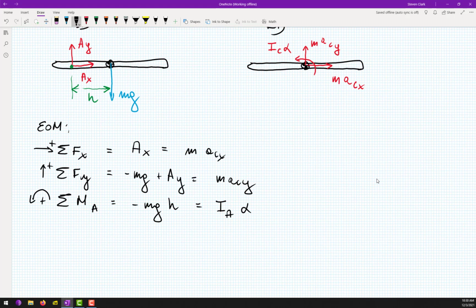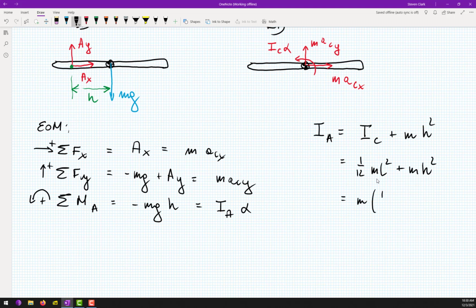So our IA will be equal to IC plus m distance squared, so h squared. So that will be equal to 1/12 ml squared plus mh squared. Okay, so this is equal to m times (1/12 L squared plus h squared).